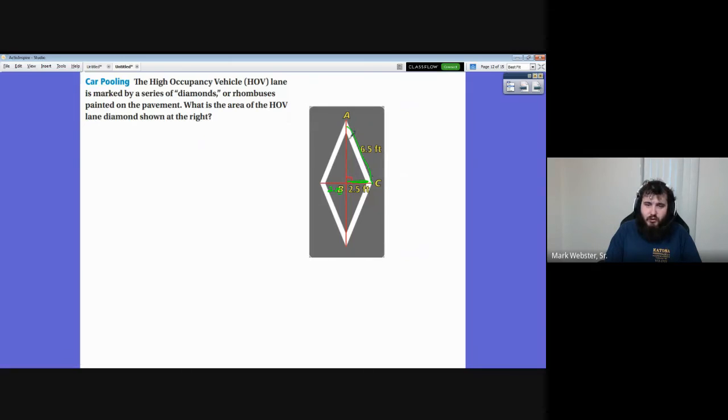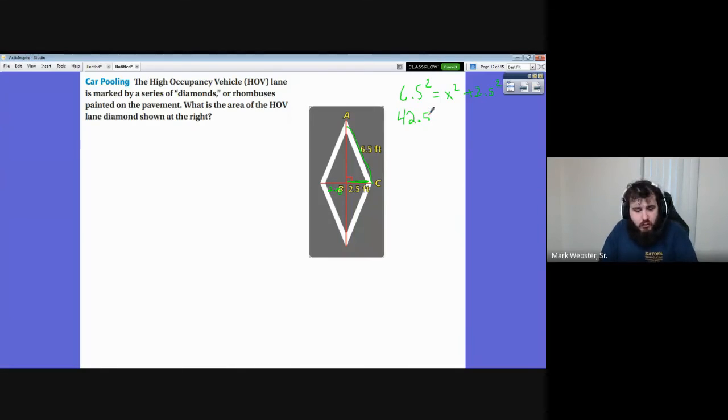Luckily, we've got a right triangle, so we can use the Pythagorean theorem. If we do 6.5 squared, I believe it's 42.25. I think. I'm going to calculator town real quick. Hey, I was right. It happens so rarely.